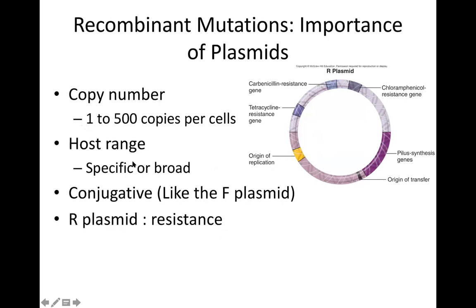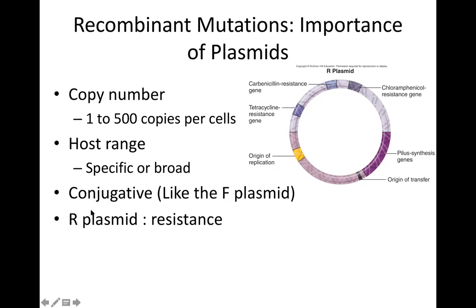What that means is that different species of bacteria can, in some cases, share plasmids, while some plasmids are only shared amongst bacteria in the same species. These plasmids or other plasmids can be transferred, just like the F plasmid can be transferred. But you still are going to need that F plasmid to initiate that conjugation event.